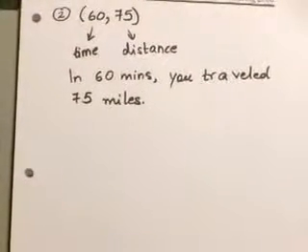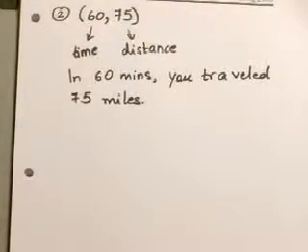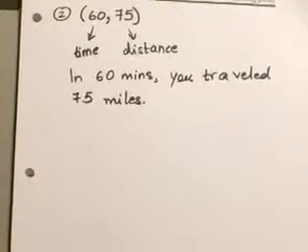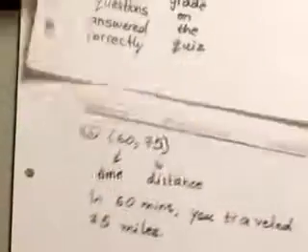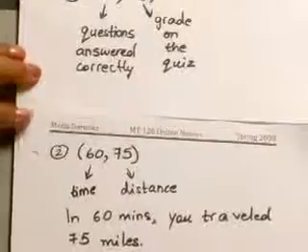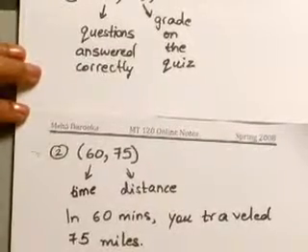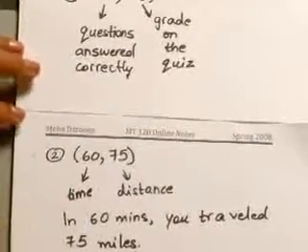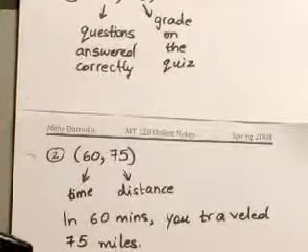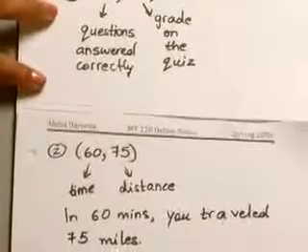Now the idea is, your quiz score right here depends on how many questions you answered correctly. And in the distance example, the distance traveled will depend on the time that you have been traveling.